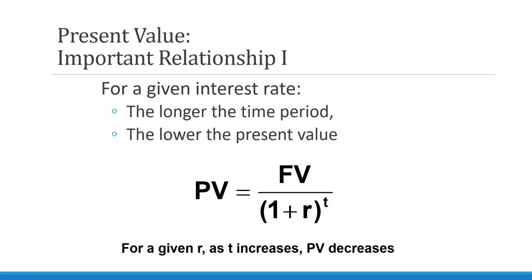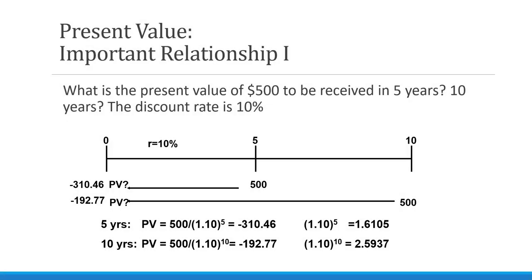For any given interest rate, the longer the time period, the lower the present value. So as time increases, the present value decreases, regardless of what the rate is. Take the present value of $500 to be received in 5 years with a discount rate of 10%.